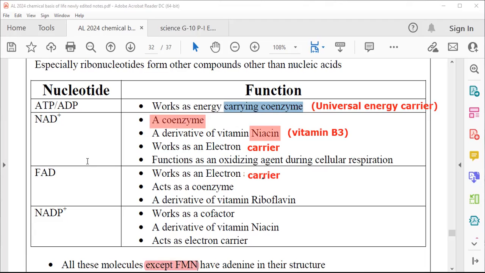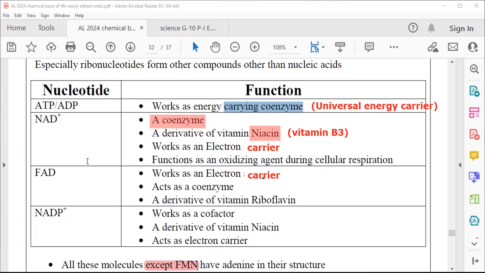So finally, NAD plus is working as an oxidizing agent during cellular respiration. When you study cellular respiration, you will fully understand the role of NAD+.